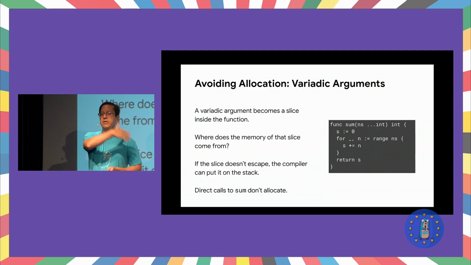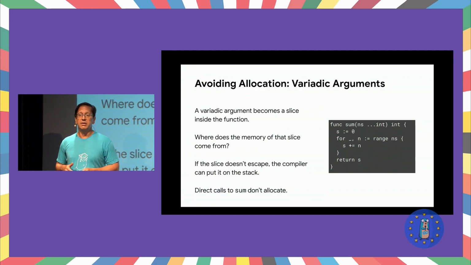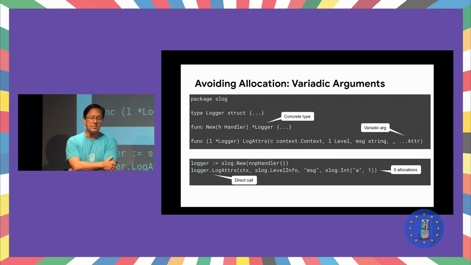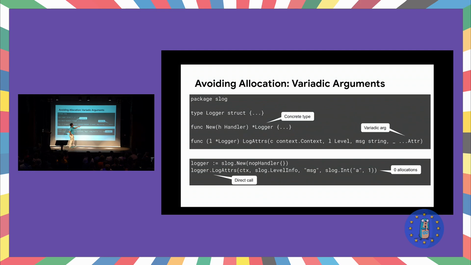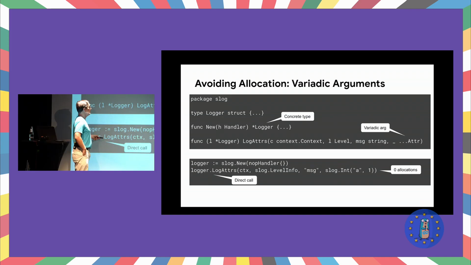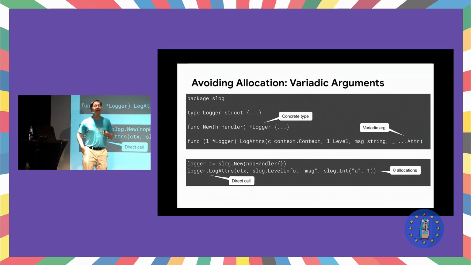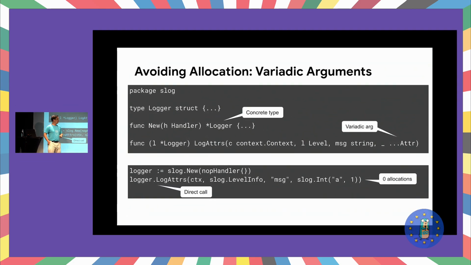So let's get back to the whole business about Logger being a concrete type. Here's the whole story. Logger is a concrete type. The log Add method takes a variadic argument, these adders. So this call is a direct call. Whatever you put there turns into a slice, but that slice can be on the stack because log adders is carefully written to not let that thing escape.